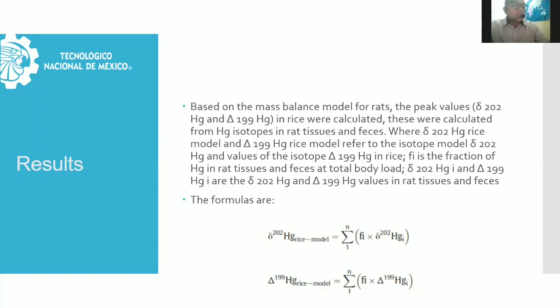Phi is the fraction of mercury in rat tissues and feces in the total body load. 202 mercury i and 199 mercury i are the 202 and 199 isotope values in the rat tissues and feces.